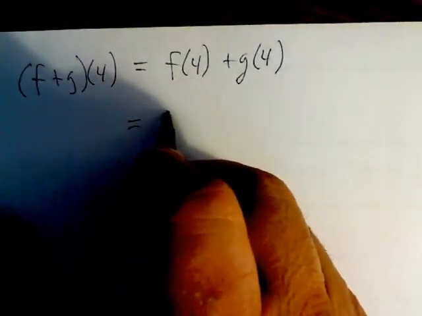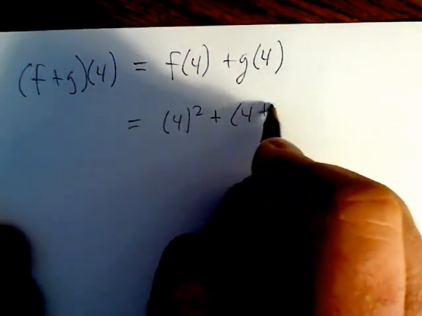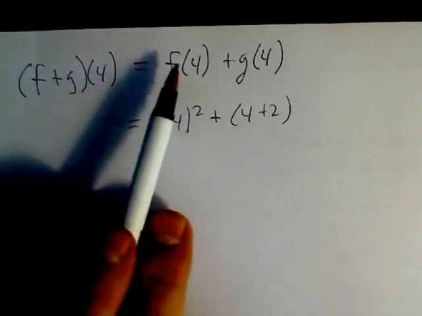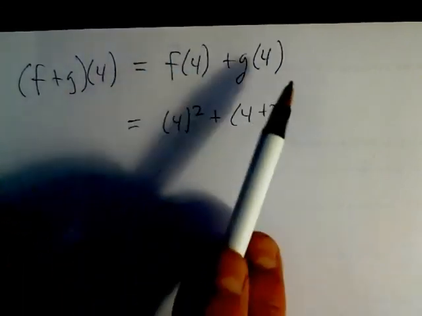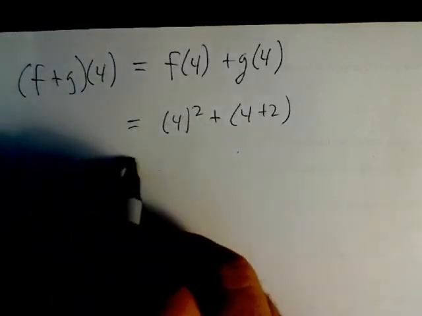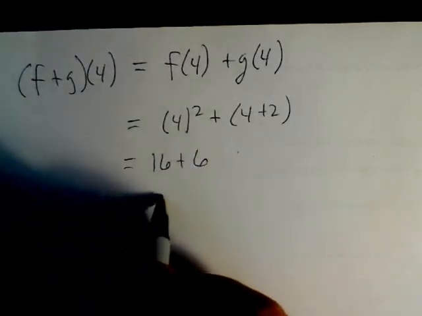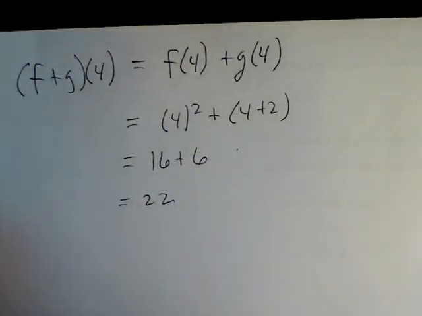So I take 4 squared plus 4 plus 2, because remember, f of x was x squared, g of x was x plus 2. So that's 16 plus 6, which is 22. So this time I can get a numerical answer.